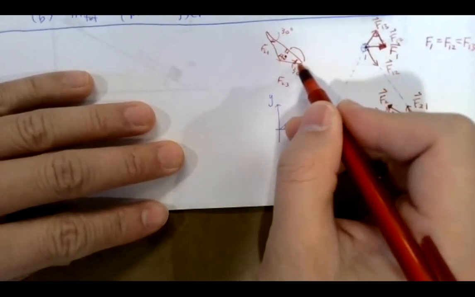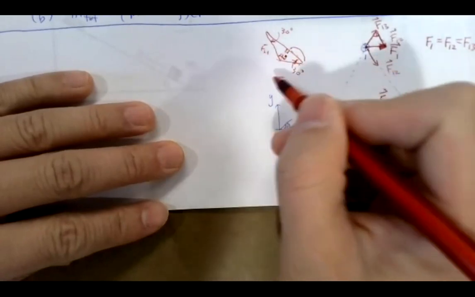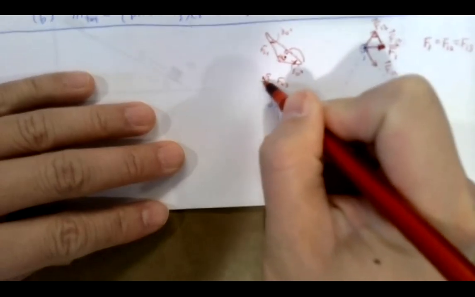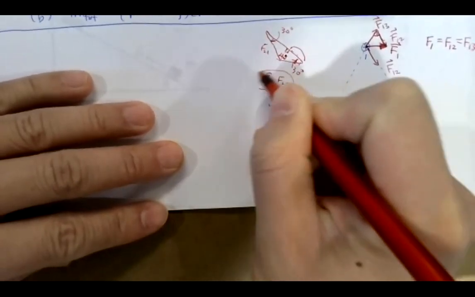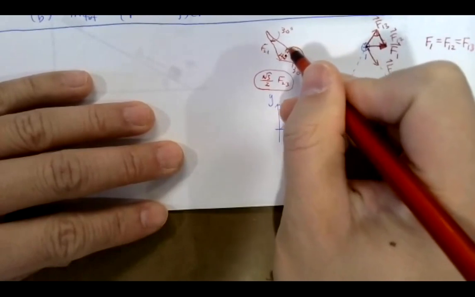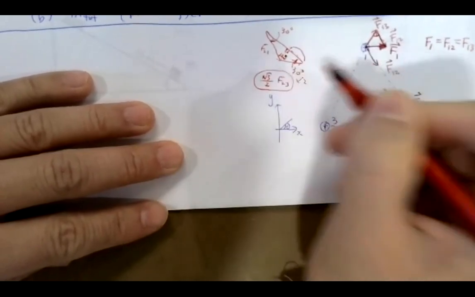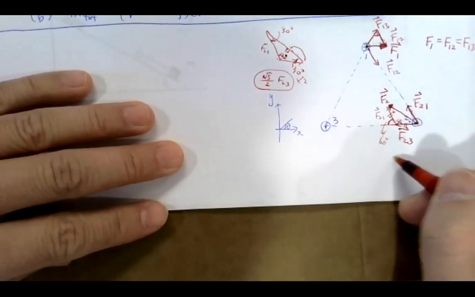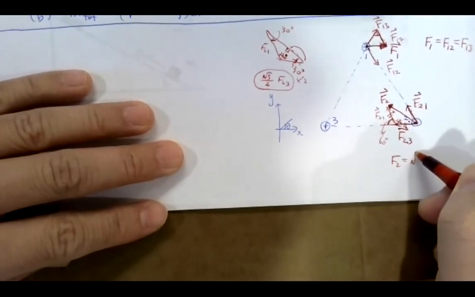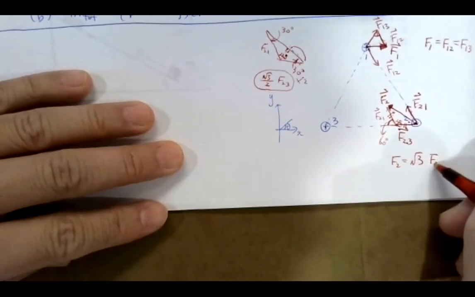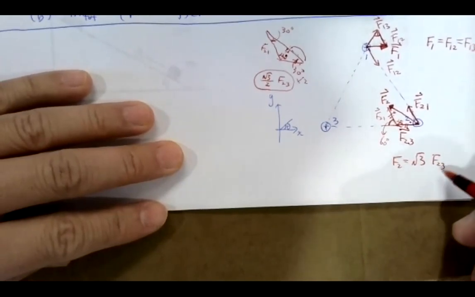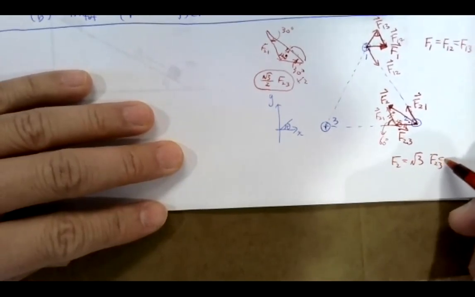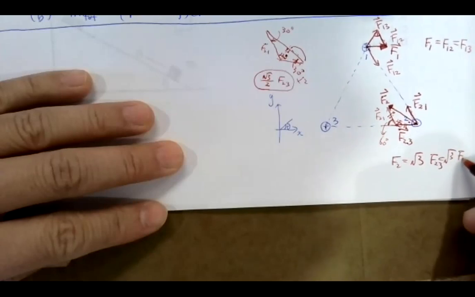But this will be half of this one, so multiply by 2, so square root of 3. So your F2 should be equal to square root of 3 times F23 or square root of 3 times F21.